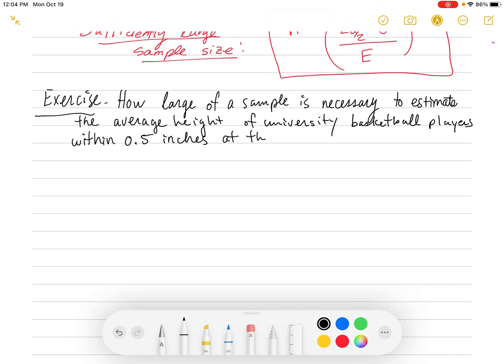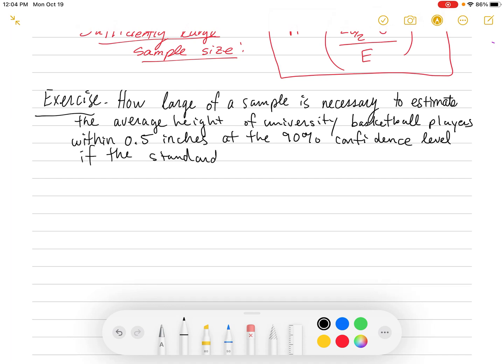So you want a margin of error of 0.5 inches. You want to be correct within 0.5 inches at the 90% confidence level. Let me spell confidence right. Confidence level.